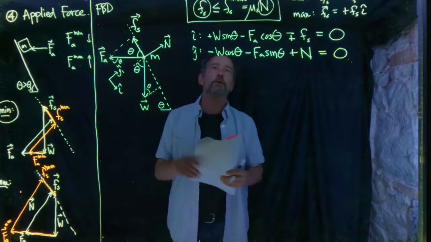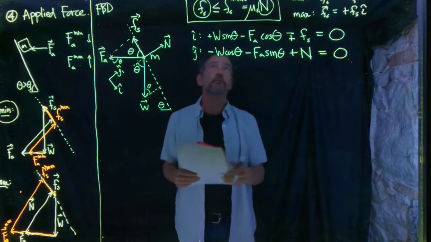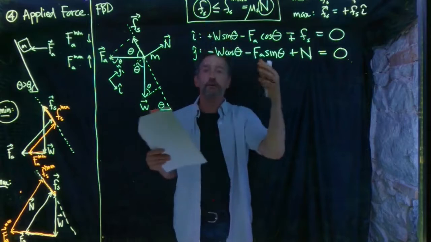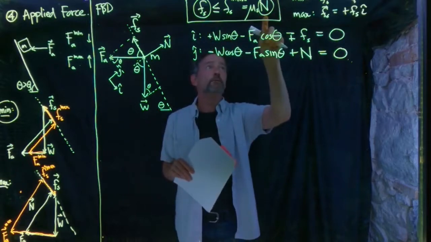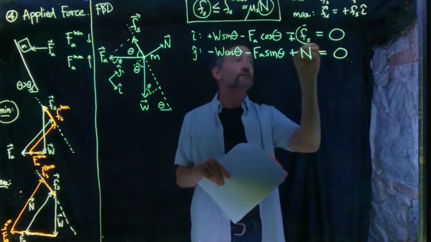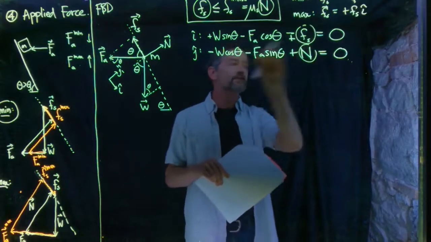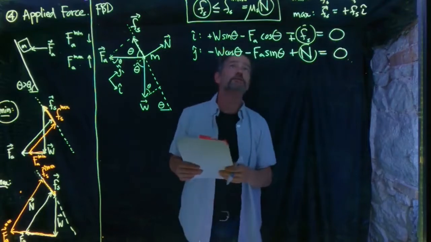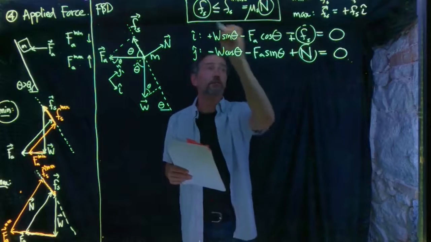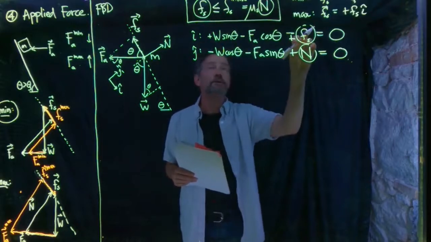Now I want you to look at these equations quickly, and remember what we're trying to solve for: the magnitude of the force of static friction required to keep the thing static, and the normal force. We don't know those things. Well, now we do. By solving both of these equations, we've solved Newton's second law. We can solve this equation trivially for Fs, because it involves only Fs and not n.